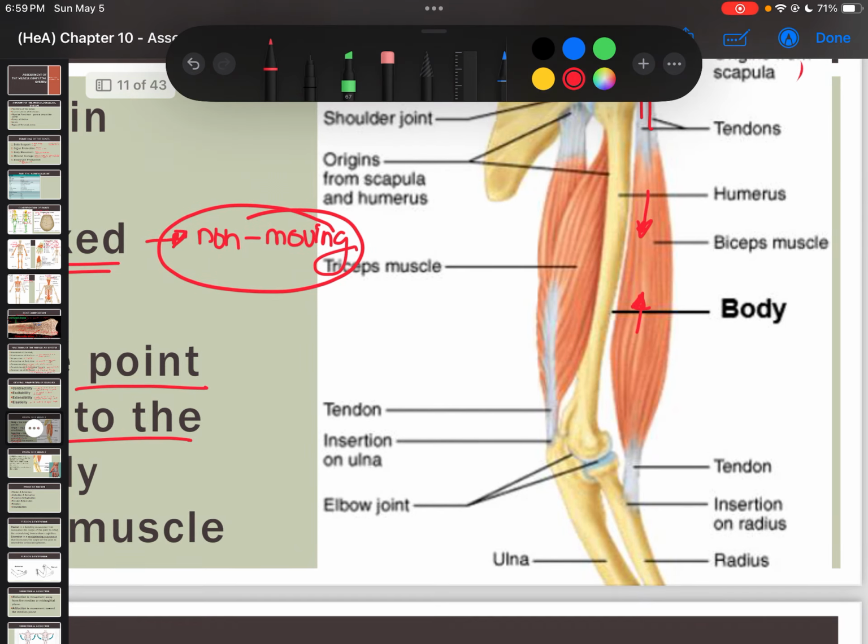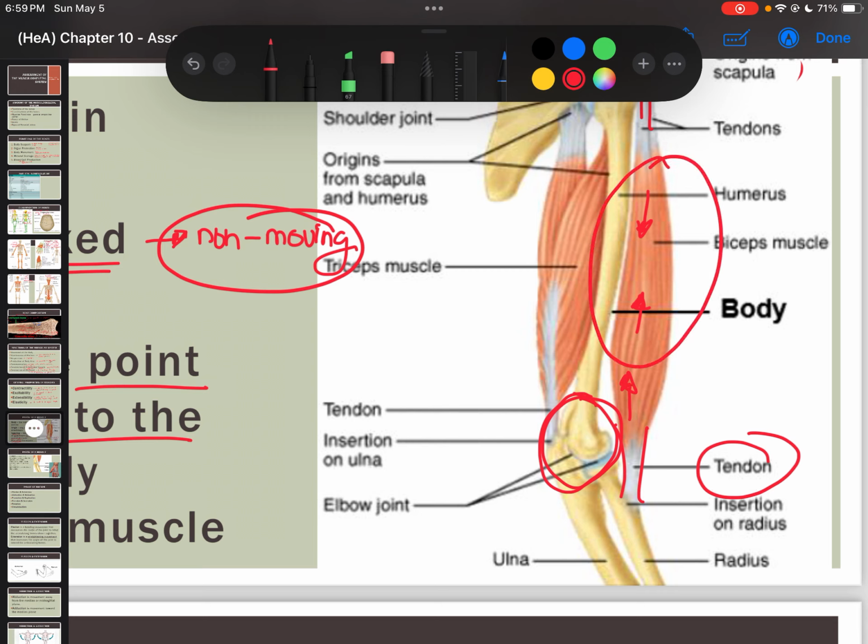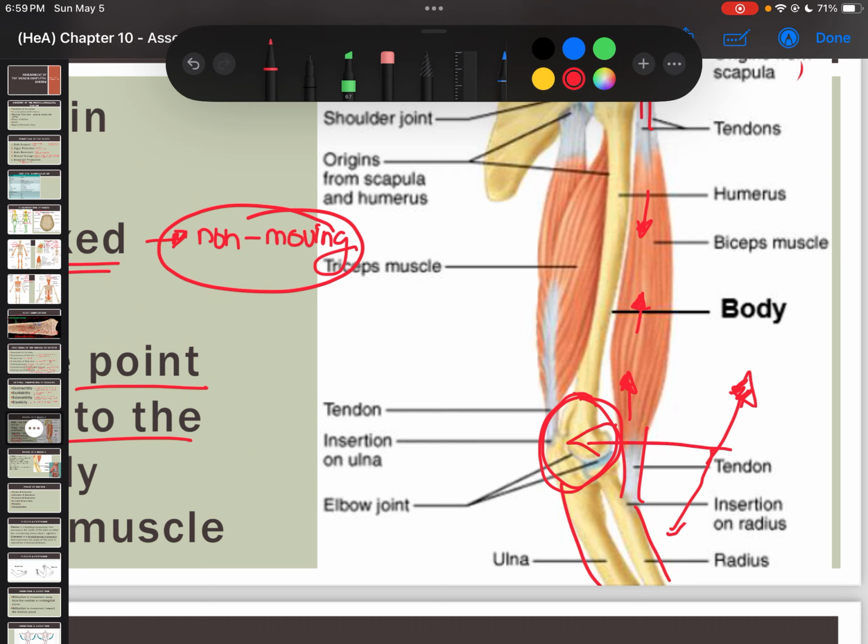Whereas our radius, our tendon here, our insertion, since there is a joint here, it will be pulled up. Because our muscle shortens, it will be pulled up. Because it is pulled up, the arm will flex. It will be flexed against the joint.